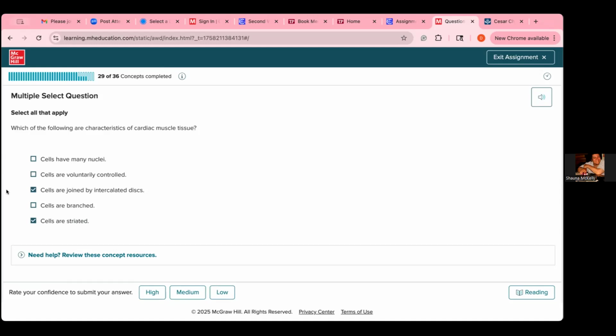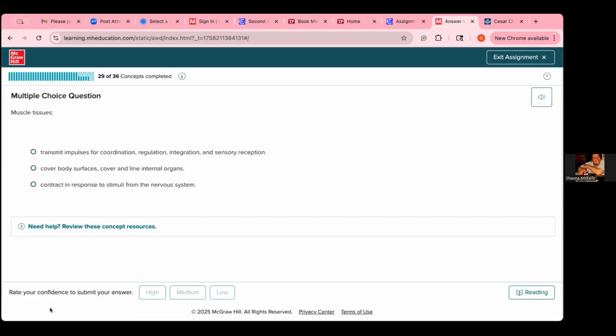So the cells are branched. And no, they're not voluntary. Okay, I think it's those three. Those are the three. Okay, next one.